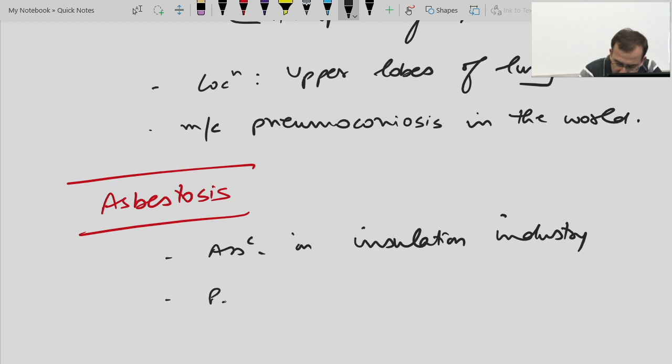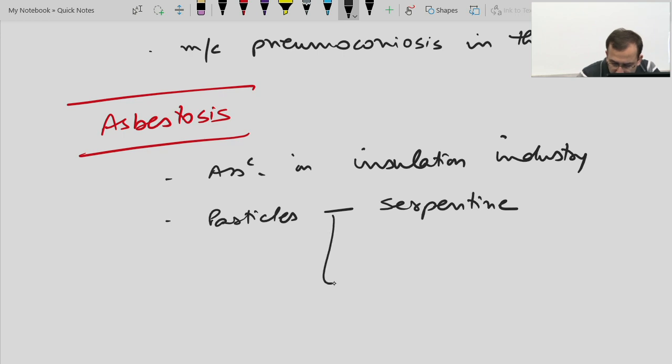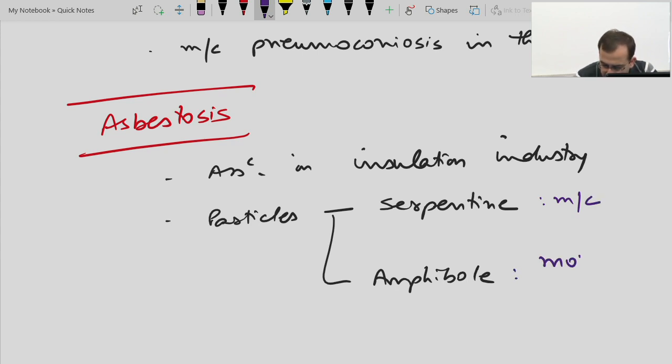Next point, it has two kinds of particles, the serpentine form and the amphibole form. Serpentine form is more common, whereas the amphibole form is more pathogenic.